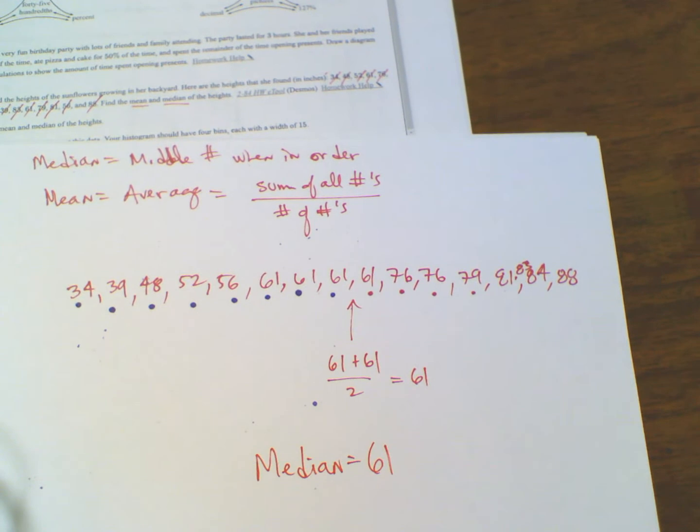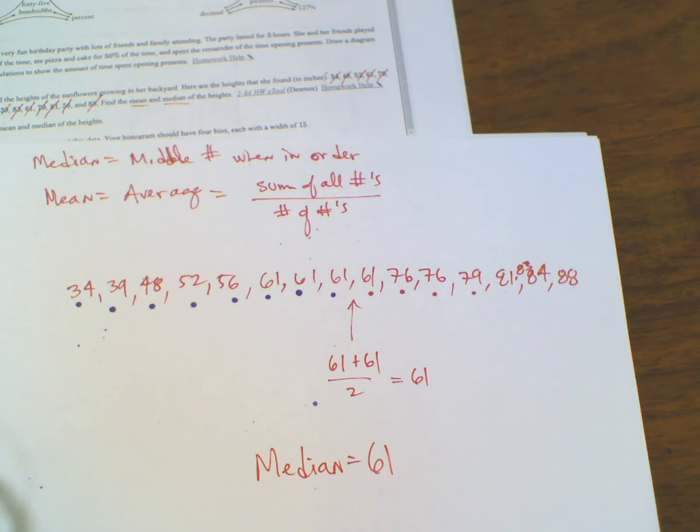All right. So the mean for this question would be, again, to add all the numbers and divide by the number of numbers, right? So I'm going to quickly add all those up.